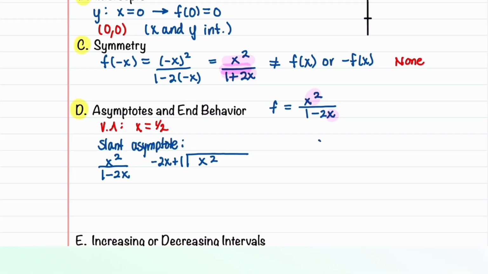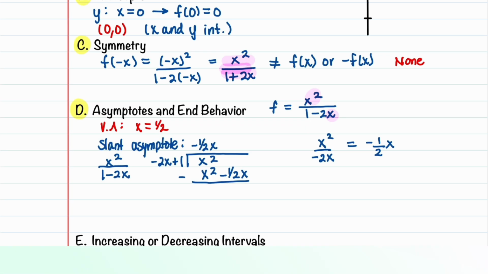Now we have to think x squared divided by minus 2x is equal to minus 1/2 x. So that's what we put up here, minus 1/2 x. And then we go ahead and multiply both terms. Minus 1/2 x times minus 2x is equal to x squared. And then 1 times minus 1/2 x is minus 1/2 x.